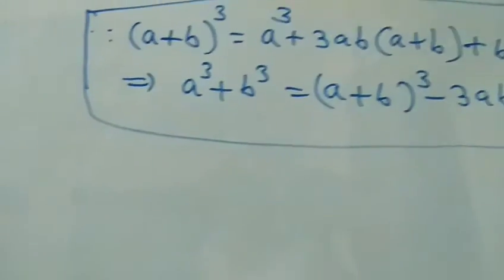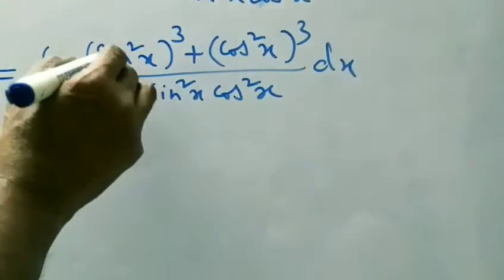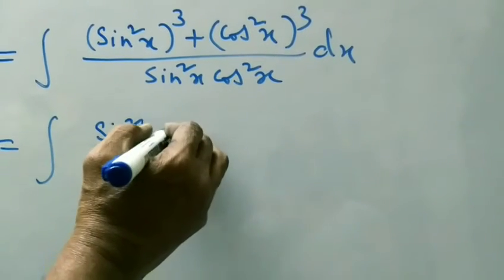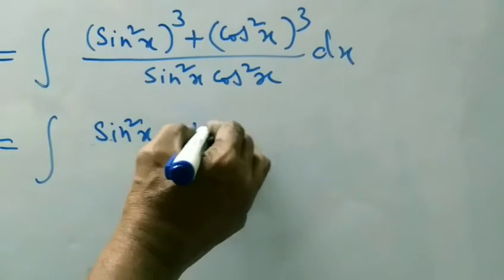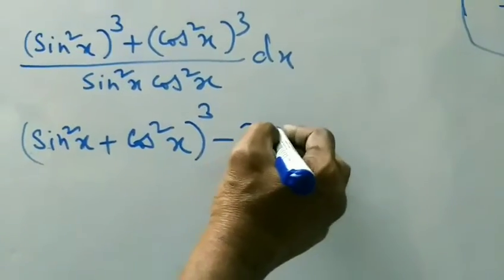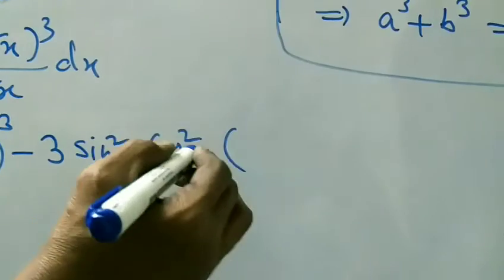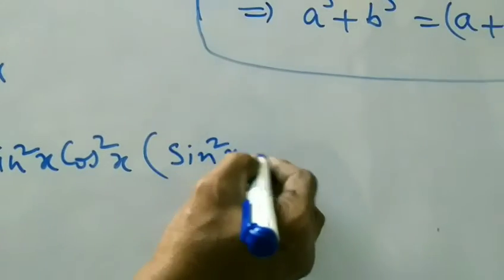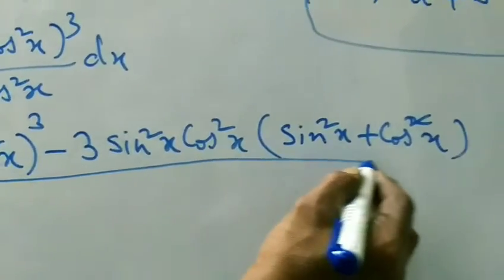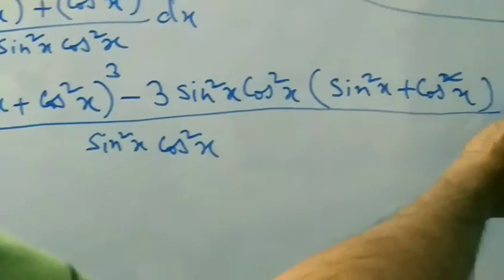According to this, the integral of a plus b whole cube, that means sin square x plus cos square x whole cube, minus 3ab, that means 3 into sin square x into cos square x into a plus b, that is sin square x plus cos square x, all divided by sin square x into cos square x dx.